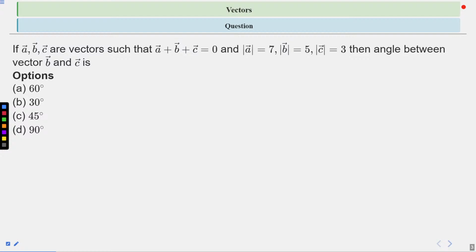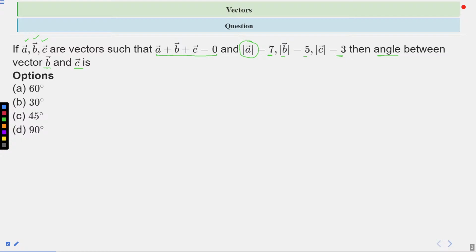Our first question: if A vector, B vector and C vector are such that A vector plus B vector plus C vector is equal to 0, where the magnitude of A vector is 7, the magnitude of B vector is 5 and the magnitude of C vector is 3. The angle between vector B and vector C is what?